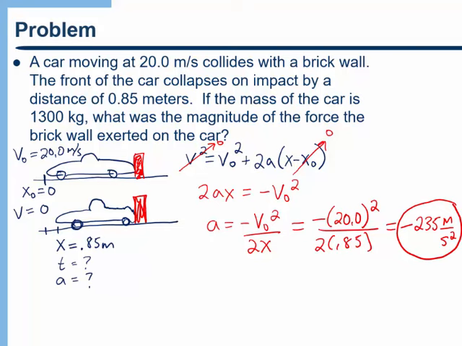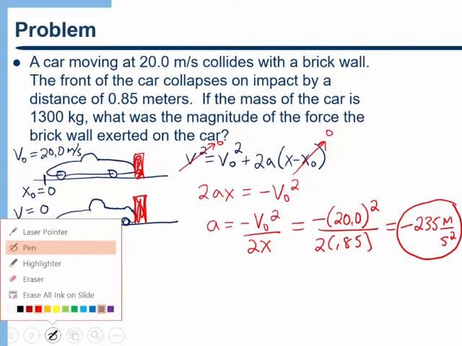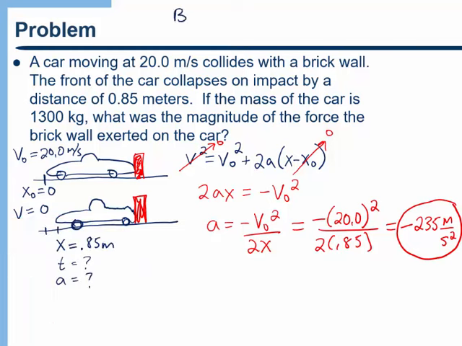The next thing we want to do is now look at the force part of this problem. I'm going to use B for brick wall, and I'm going to use C for car. Let's draw the free body diagram for the car while it's crashing into the brick wall. We're going to assume this driver was on their cell phone. They weren't paying attention at all.